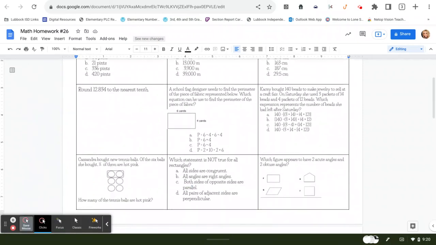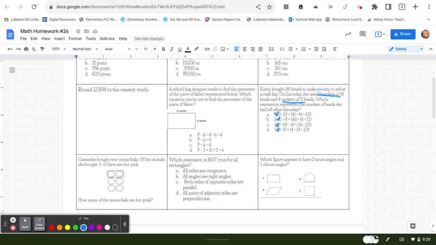Next, Casey bought 140 beads to make jewelry to sell at a craft fair. On Saturday, she used 3 packets of 14 beads and 4 packets of 12 beads. Which expression represents the number of beads she had left after Saturday? So she starts with 140 beads. Okay, I see that on all of these.